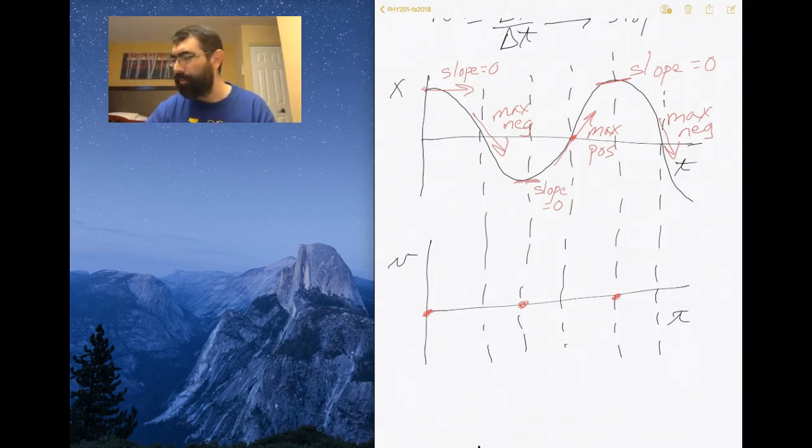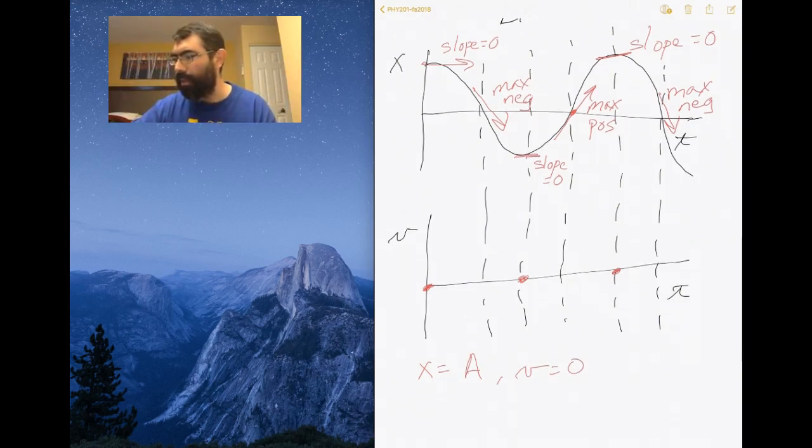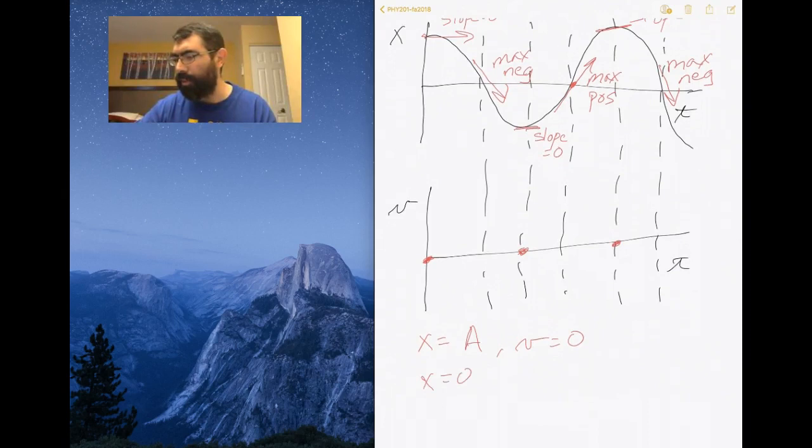So if I put this together, I'll do it in red. What I get is when x is at its amplitude, v is equal to 0. When x is 0, v is going to be either a positive or negative maximum value.